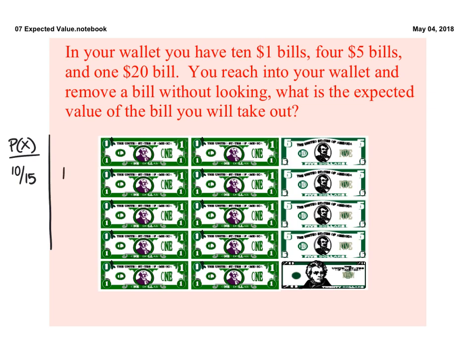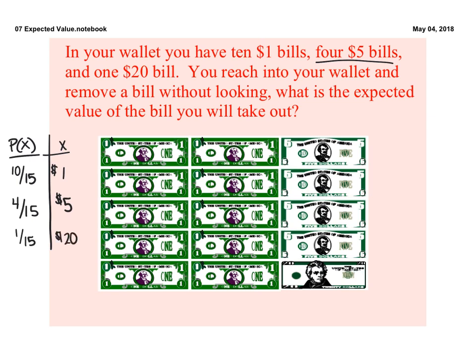And what I get in return is $1. Then 4 $5 bills. So there's 4 $5 bills out of a total of 15 bills. And if you get one of those, you get $5. And then lastly, one $20 bill. So 1 out of 15 chance that I'm going to get a 20.